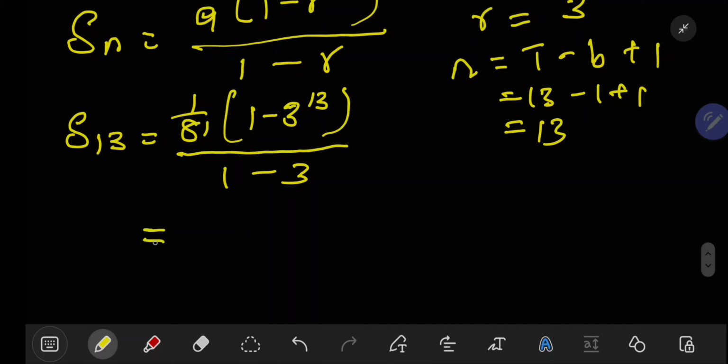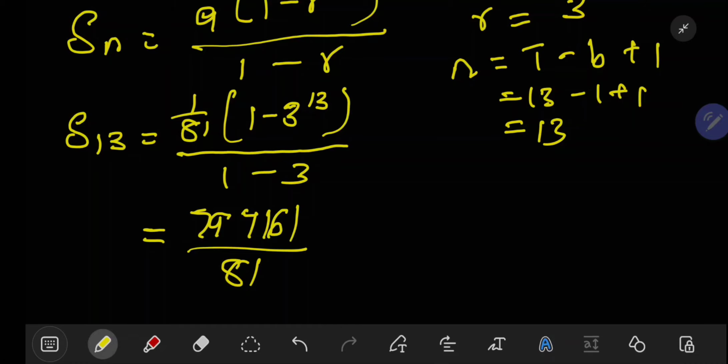And then when you get your calculator, you will get that your final answer is 797161 divided by 81. So this is our sum.